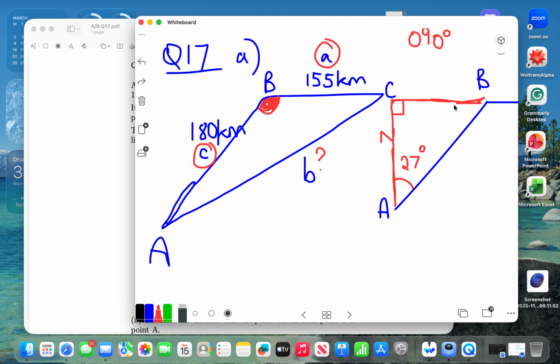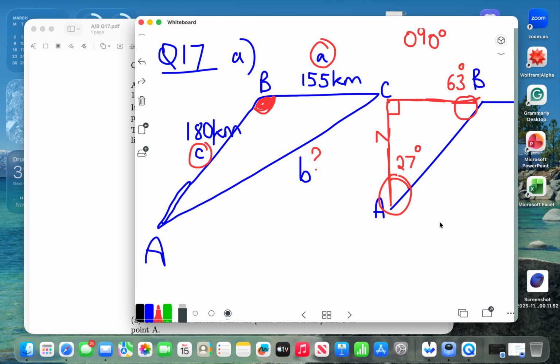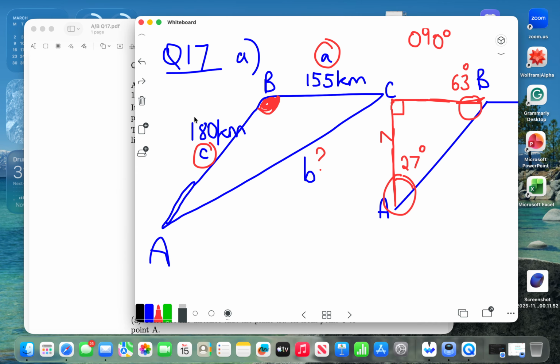So we can tell that this angle and this one must add to make 90 degrees. So this one has to be 63. This is the angle that we found is 63.